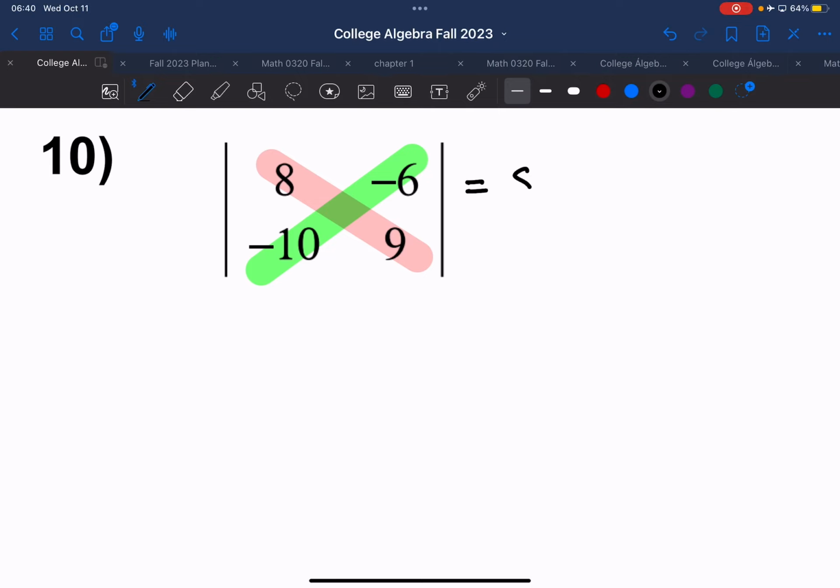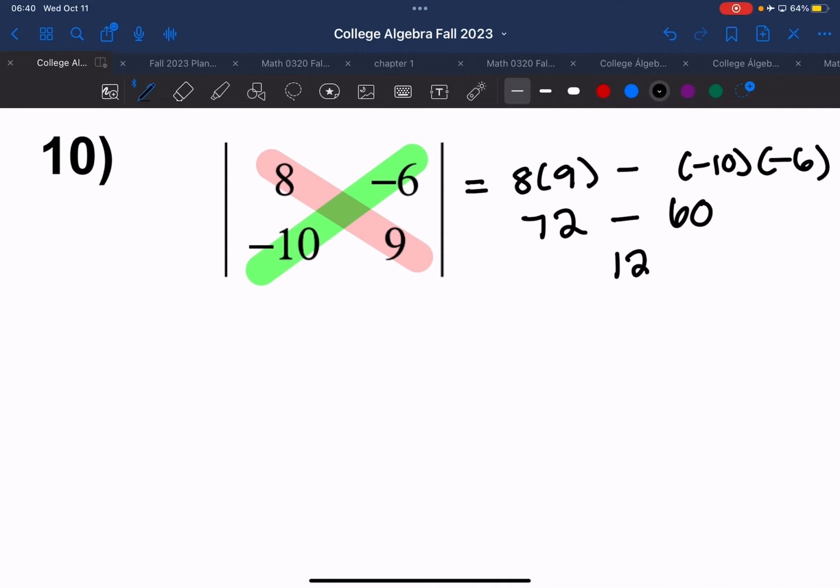Okay, so you should have 8 times 9 minus -10 times -6. 8 times 9, 72. Bring down that minus. -10 times -6 is 60. So we have 72 minus 60, which is 12.